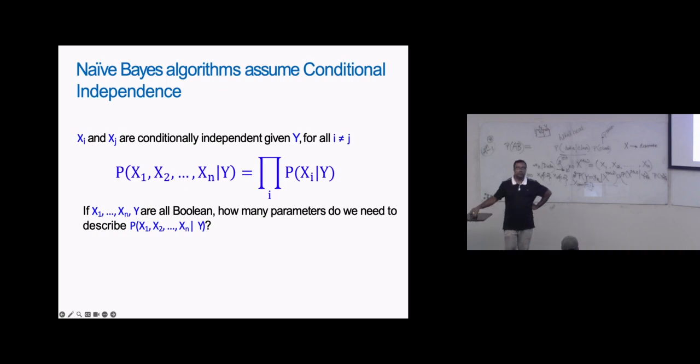P of A times P of B. Just multiply the individual probabilities, right? Can we make this assumption for highly correlated variables or features? You can always make assumptions, right? They may not be correct, but you can always make them. It's not a good idea when there is high correlation, and we will see where naive Bayes will fail.